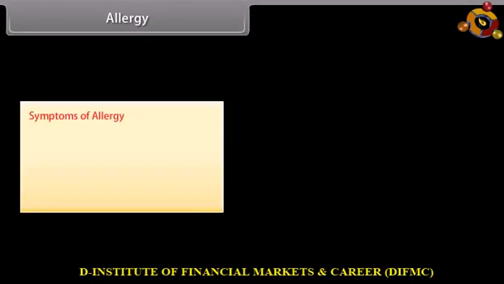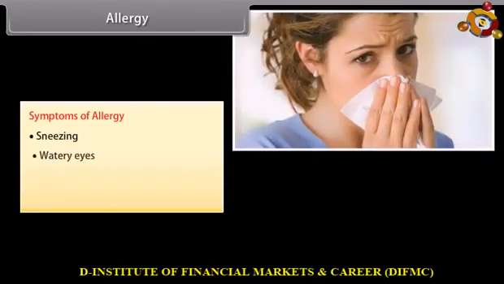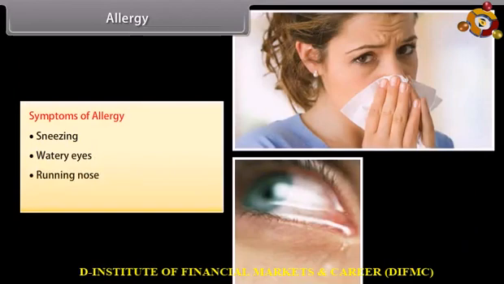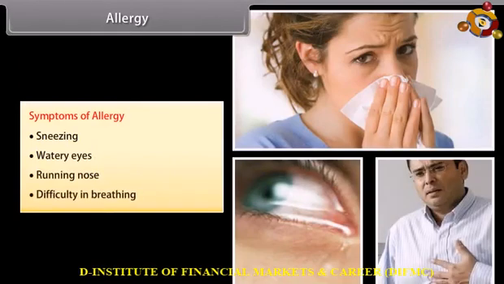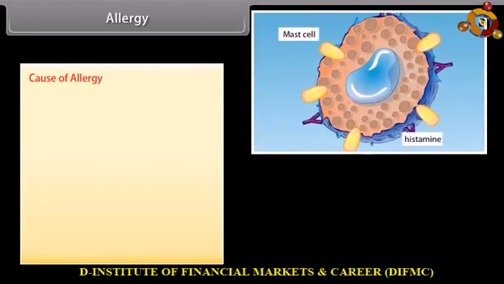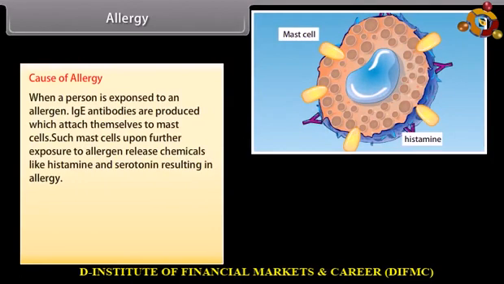Symptoms of allergy: sneezing, watery eyes, running nose, difficulty in breathing. Cause of allergy: when a person is exposed to an allergen, IgE antibodies are produced which attach themselves to mast cells.